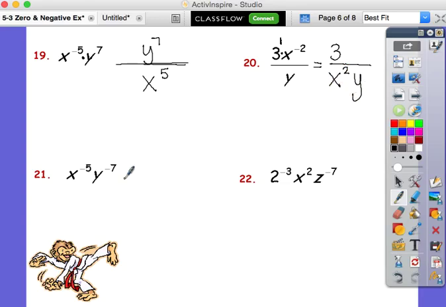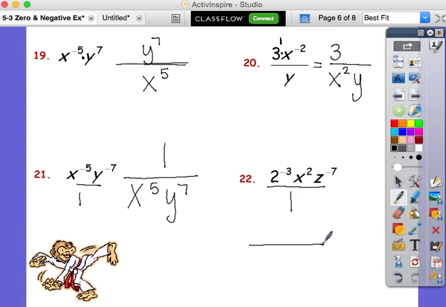Wow, that's awesome. Okay, 21. Who's unhappy here? Both of them. So they both come down here, and then it's 1 over that. Okay? All right. Here, the 2 is not happy, so we're going to move the 2 down here so that it has a positive exponent of 3.